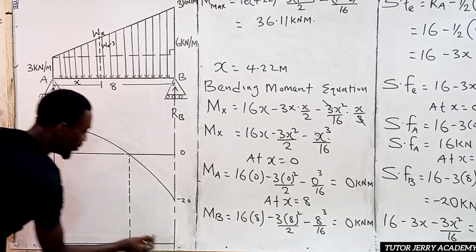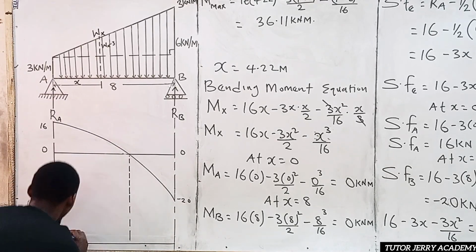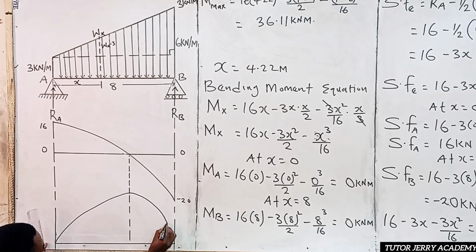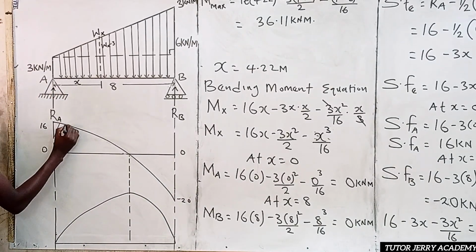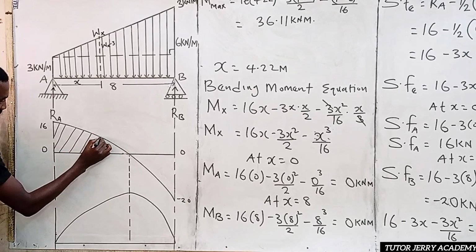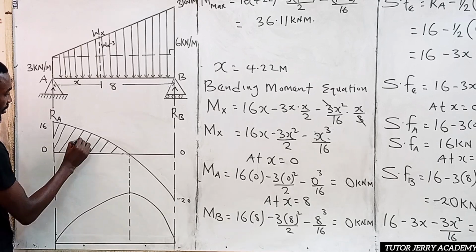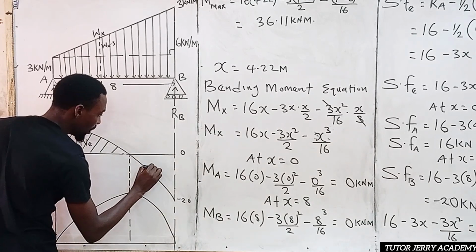So we are going to draw a parabolic curve to join the three points. All right. So let's just take it like this. So we can shade it now. So this is going to be positive, while this one is going to be negative.